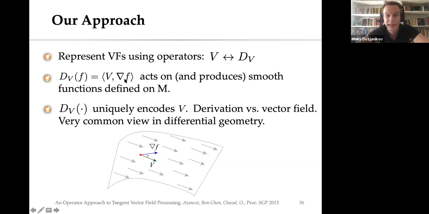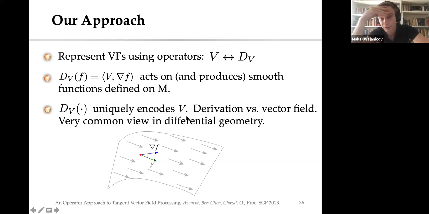So this gives me a scalar function. Basically this is an operator that takes a function and produces another function, right? And what is remarkable is that this operator uniquely encodes v. If I know how it acts on different functions, I can recover the vector field, right?